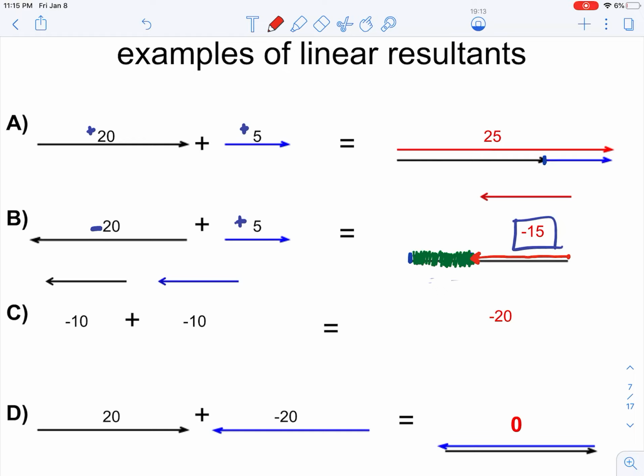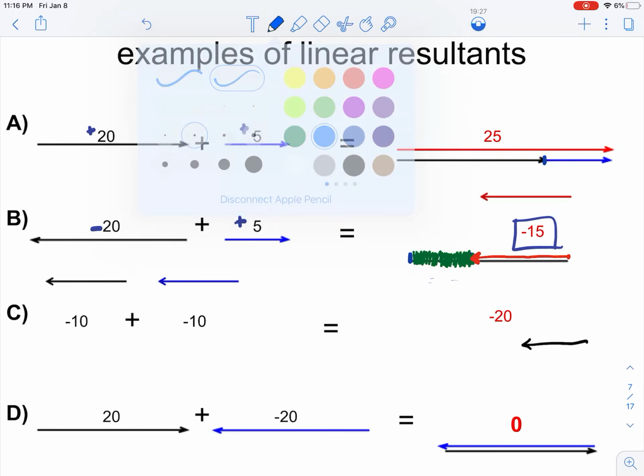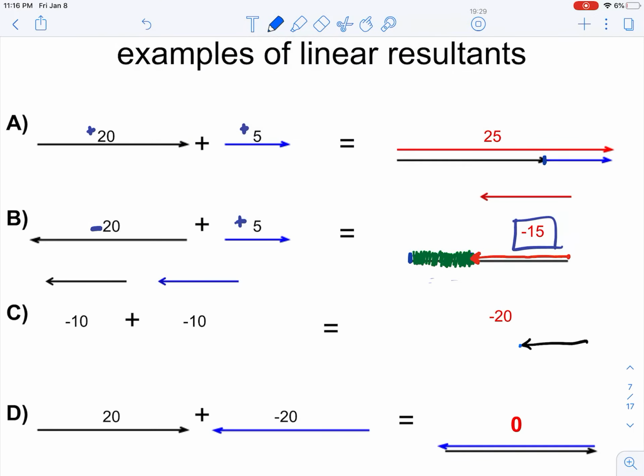In this next example, they're both in the negative direction, so I would draw this nose to tail once again. I'm going to choose to draw this black vector first, and so that has a magnitude of 10 to the west. And then I have the blue vector next, so the tip or the nose of my first vector is where the line of the next vector begins.